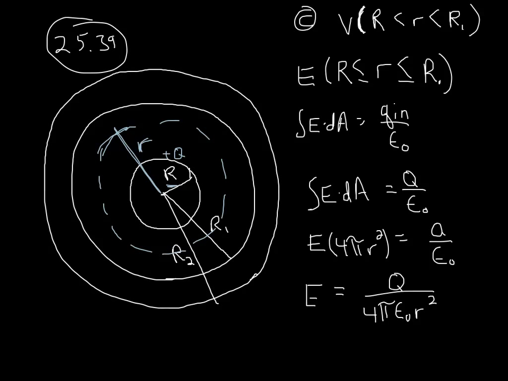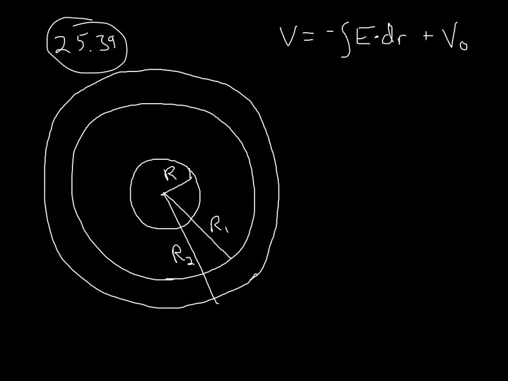And I finally have an electric field that I'm going to actually have to plug in and integrate over. My equation again is potential is equal to the negative integral from some initial position to some final position of E dot dr plus V naught. I'm going to start at infinity again so that my reference potential is 0.